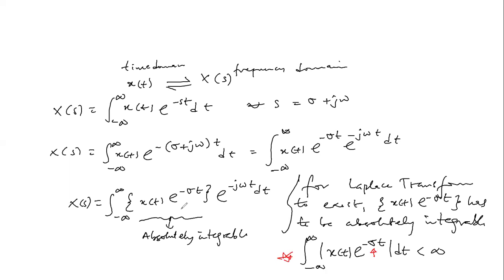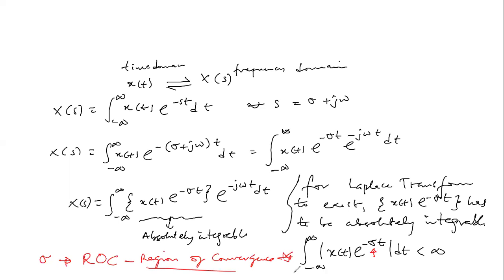For that integral to give us a finite value, that value must exist at some value where sigma, the damping factor, is finite. Therefore, this damping factor sigma tells us everything we need to know about the region of convergence.